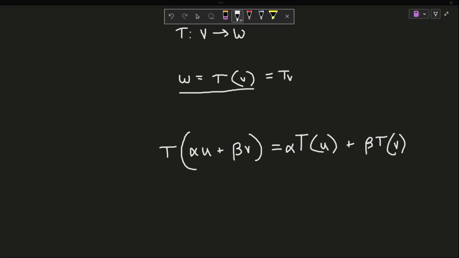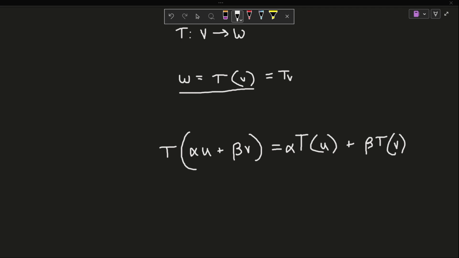This looks very much like the distributive property, and it kind of intuitively works like that. This equality must hold for any two scalars and any two vectors in order for a transformation to be categorized as linear.